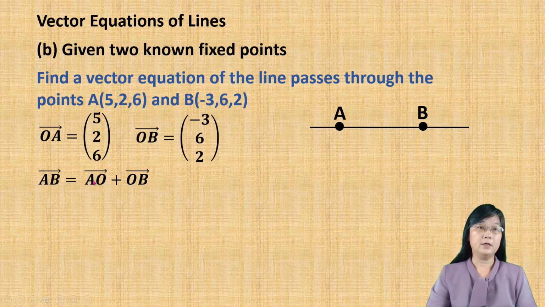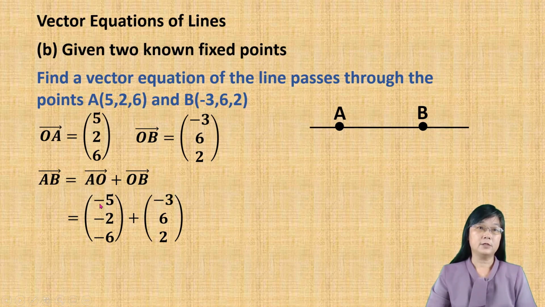For the vector AO, we can take from OA, but the only thing is it is the opposite direction. So all the numbers here, we have to change the sign, from positive to negative, from negative to positive. So AO is negative 5, negative 2, and negative 6.